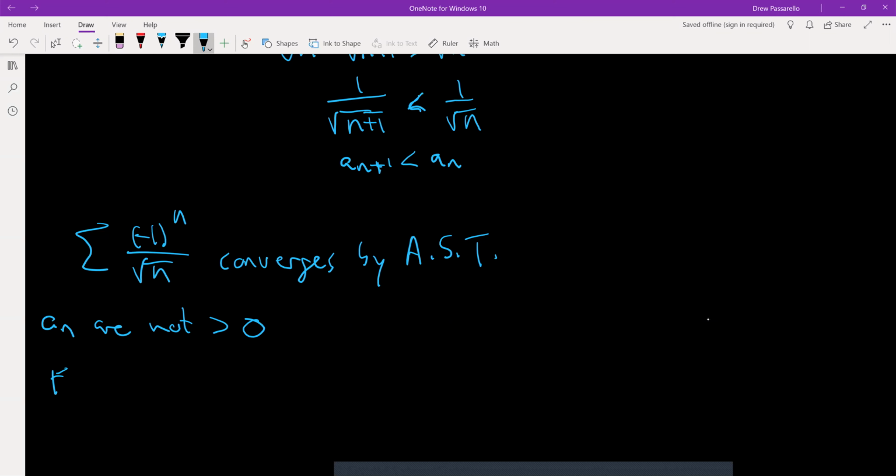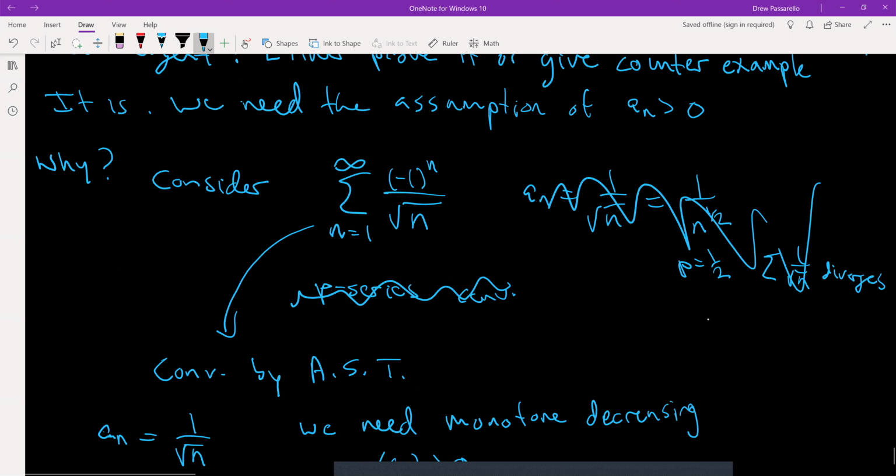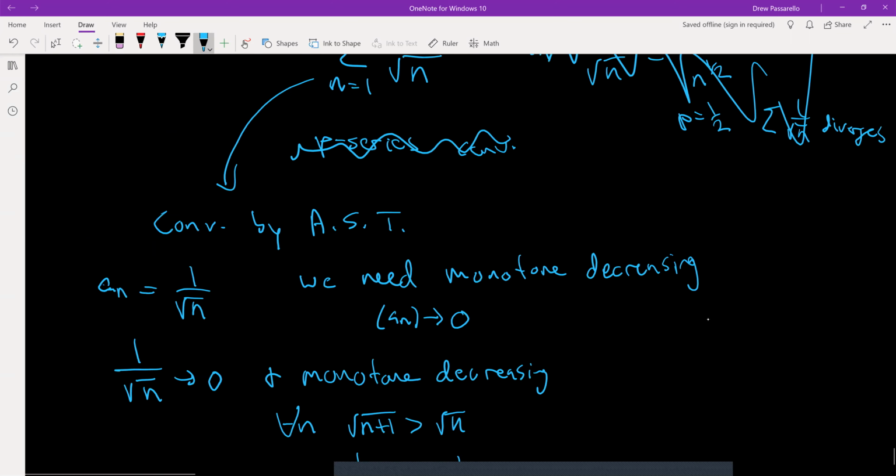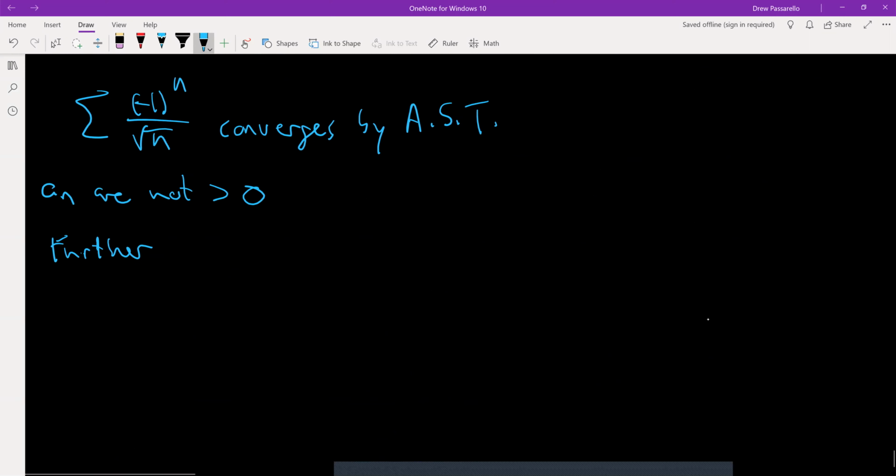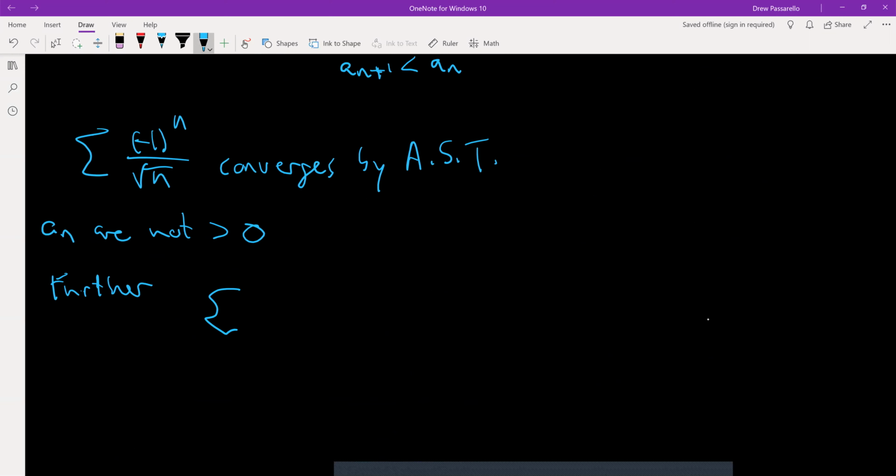Further, when we do the series with the terms squared, what is that going to give?